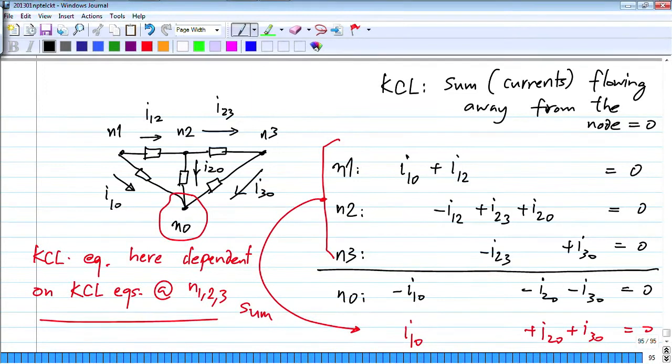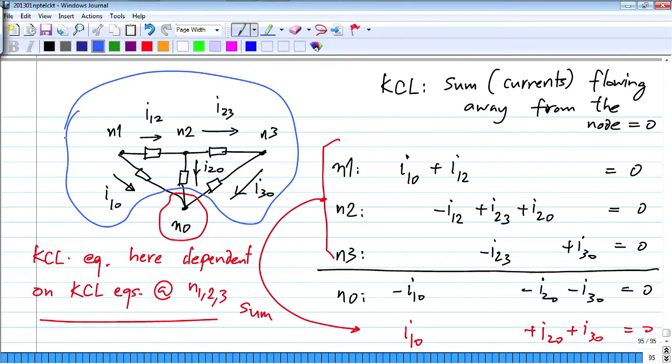So when I write KCL at node n0, I take this closed surface and say that the sum of all of these currents equals 0, the sum of all of the currents leaving this surface. Now instead of looking at the surface surrounding node n0, let me look at the surface surrounding the rest of the circuit.